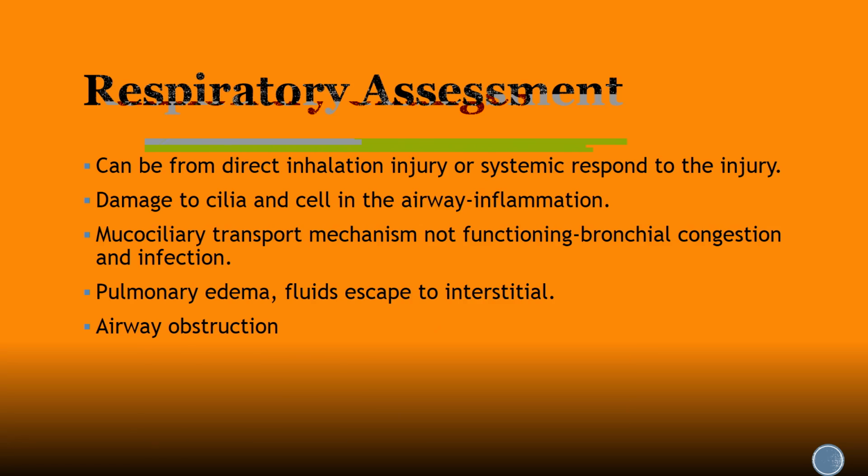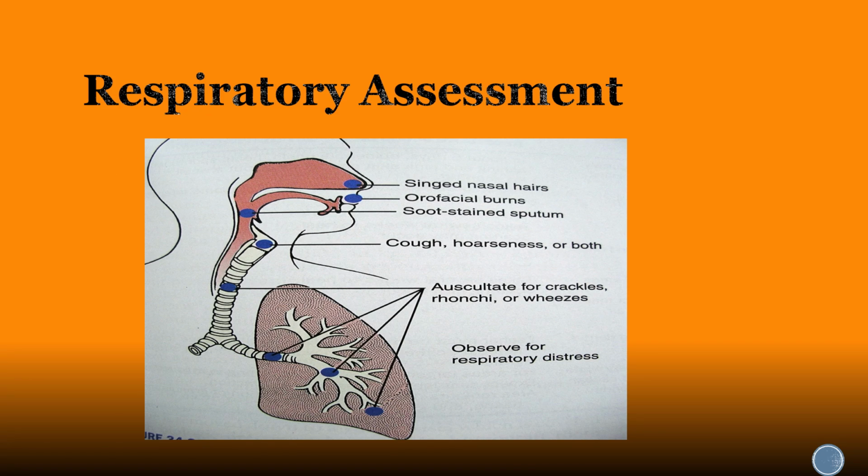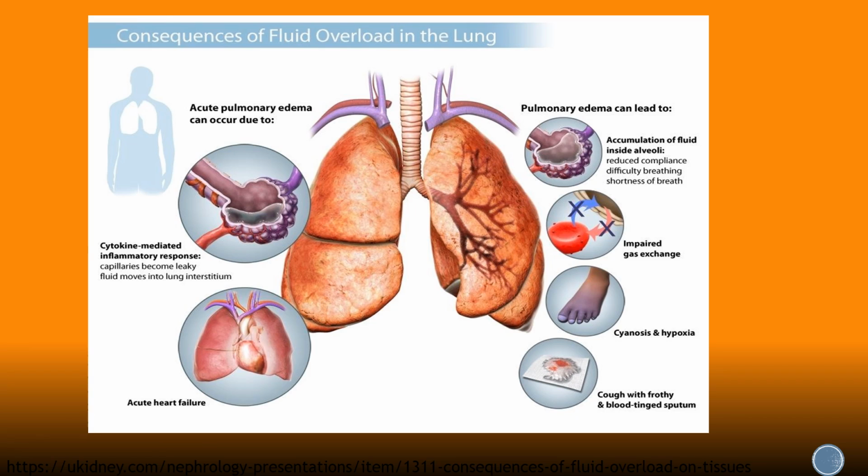I have a couple of pictures. The first one just showing the different places that they can have burn from inhalation or damage in the respiratory tract from inhalation. And then this picture just showing the consequences of fluid overload in the lung.